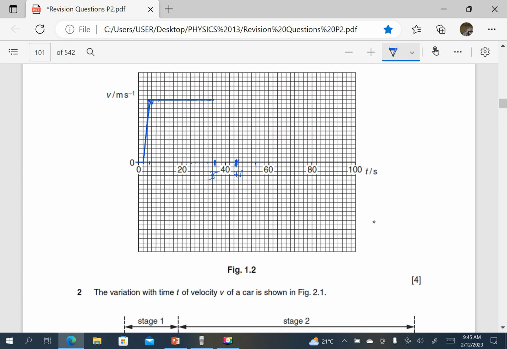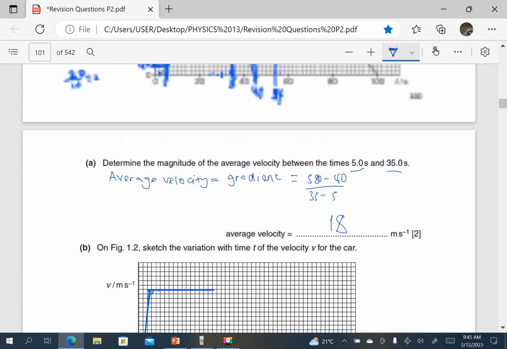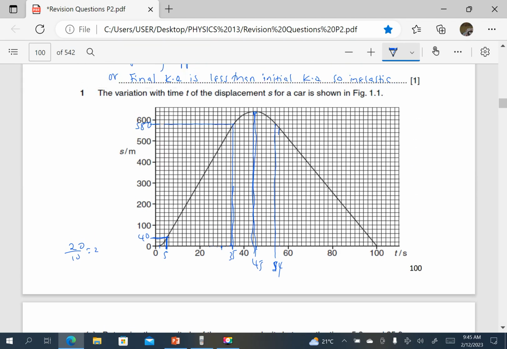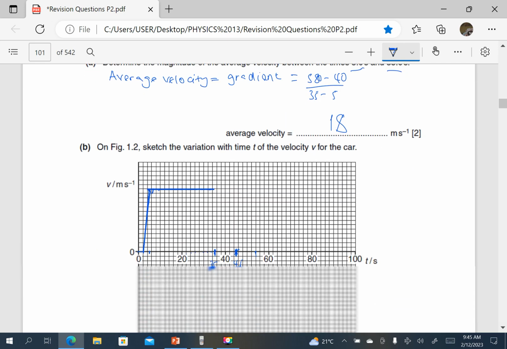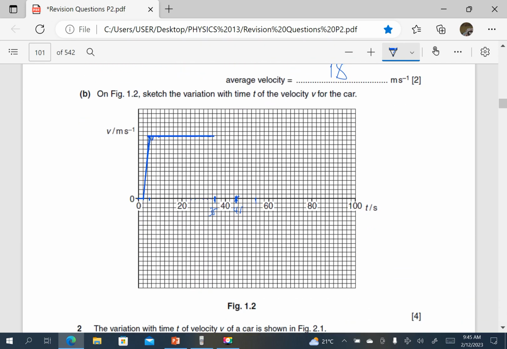Then after that, the velocity goes to 0 because it decreases, because we see a smooth curve whose gradient is decreasing. Between 35 and around 45, the velocity decreases to 0. So this will be a straight line going to 0 from 35.